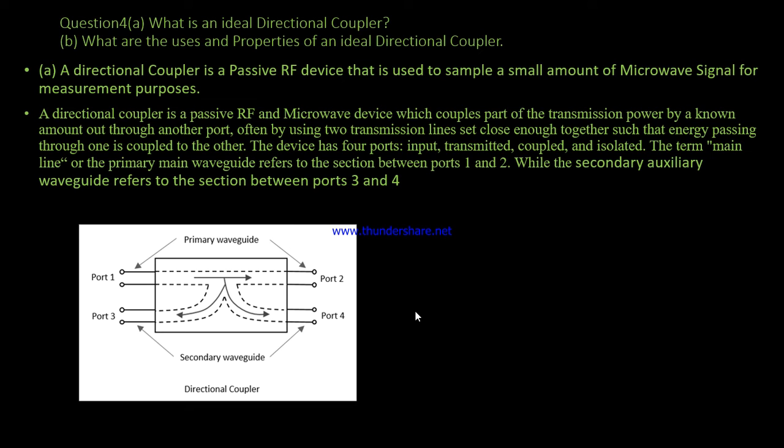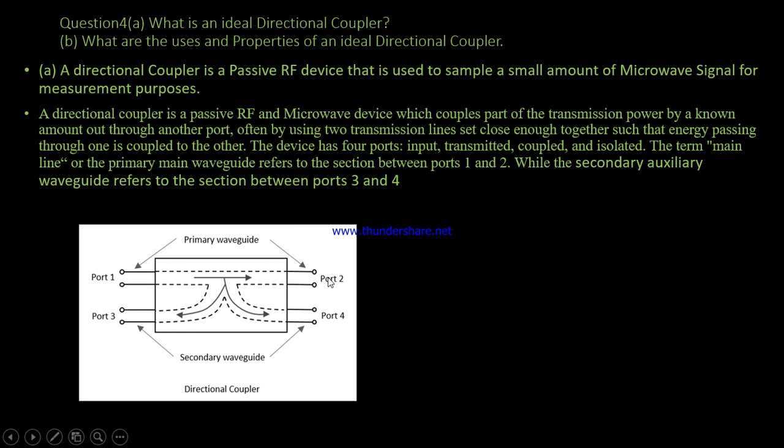As you can see in the diagram, we have the primary waveguide feeding port 1 and port 2, and the secondary waveguide where we have port 3 and port 4.